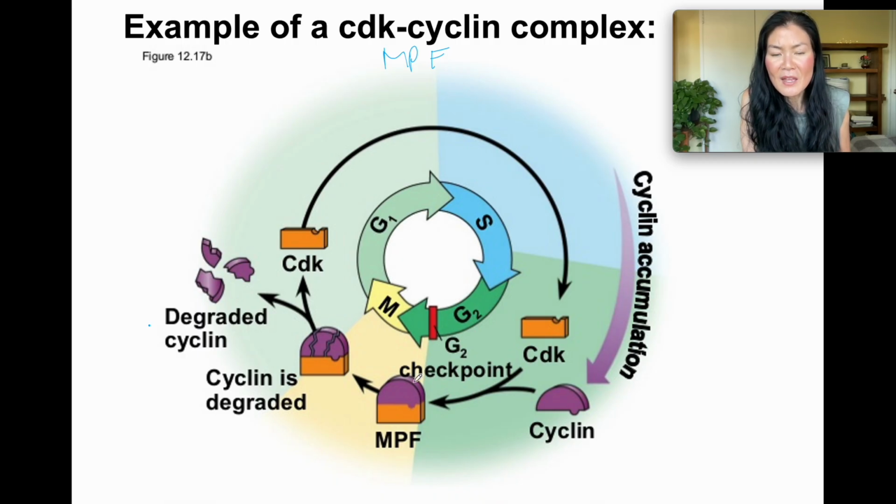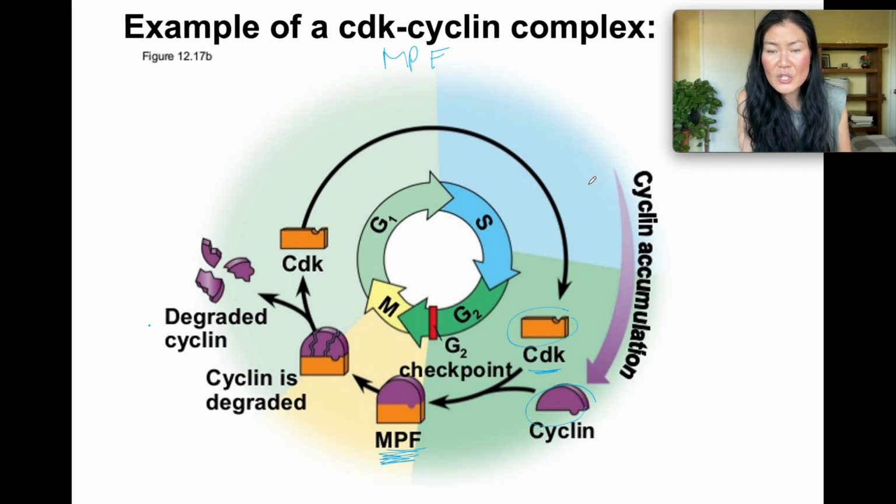So when the MPF is formed within the cell, when this go-ahead signal is made in the cell, it tells the cell to go into mitosis. It promotes mitosis. So what makes this go-ahead signal? You need to have two pieces. You need the CDK, and then you also need the cyclin. The amount of cyclin changes throughout the cell cycle.